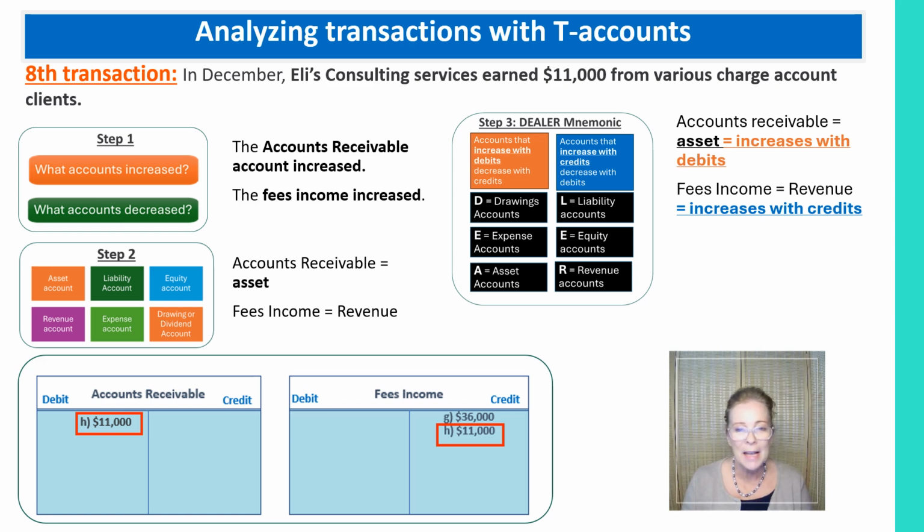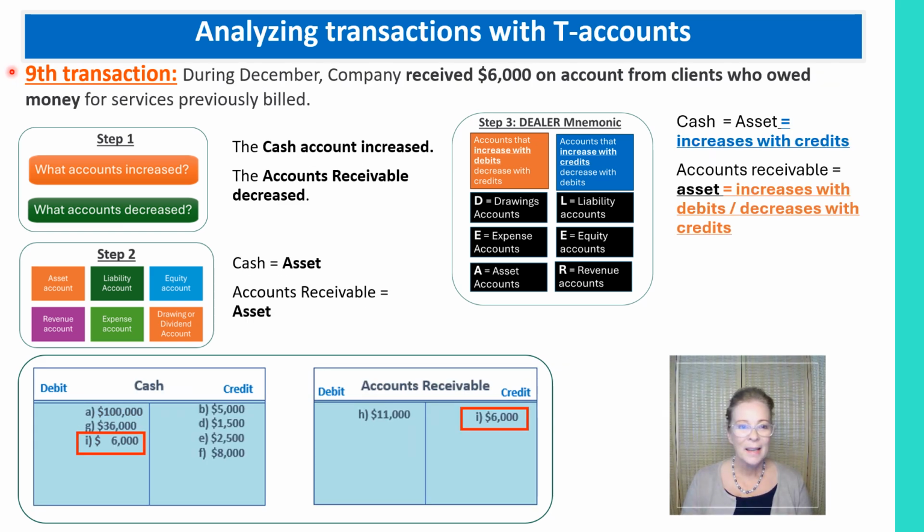Let's move on to transaction number 9. In the 9th transaction, Eli's Consulting Services received $6,000 on account from clients who owed money for services previously billed. We previously analyzed this transaction using the accounting equation and said that the business's cash increased because the business now has more cash.